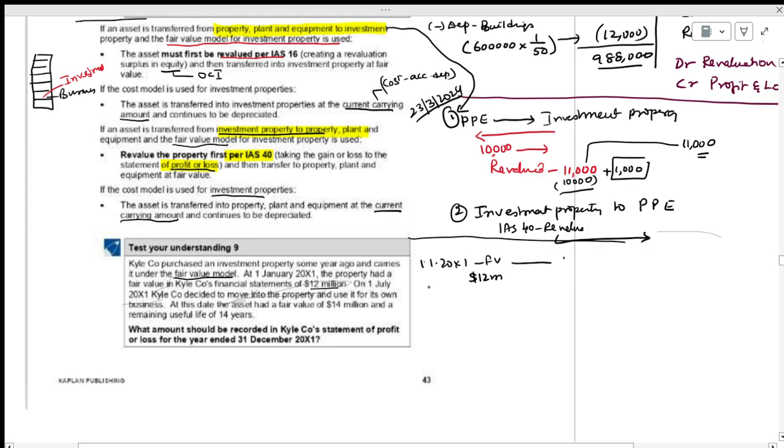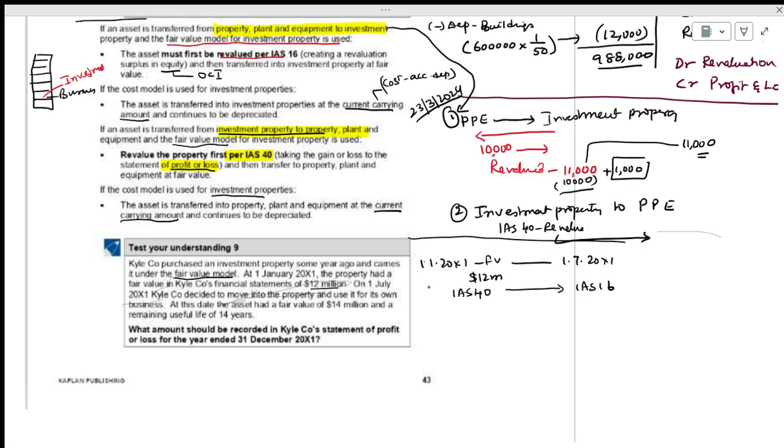On 1st July 2001, they want to convert this investment property, IAS 40, into a property used for the business, IAS 16.